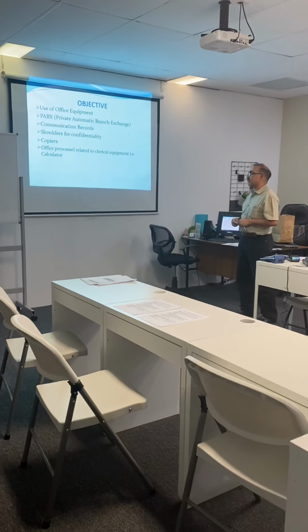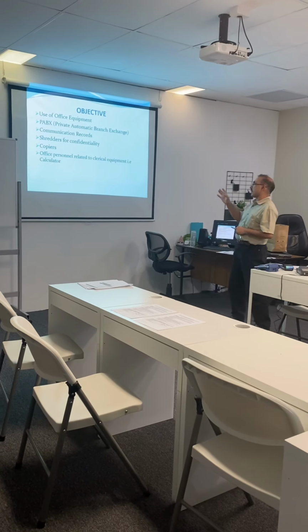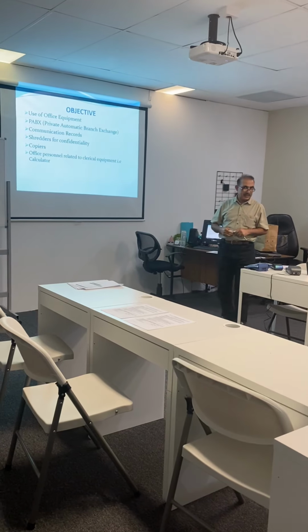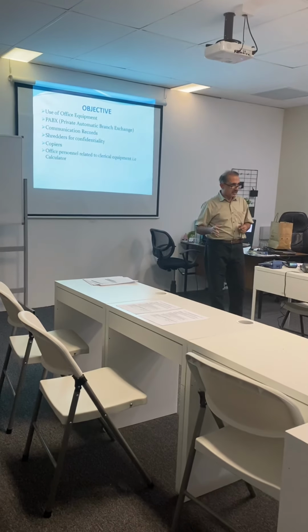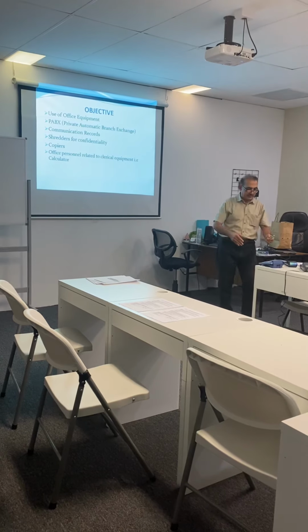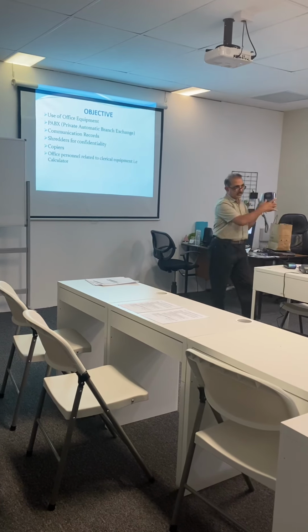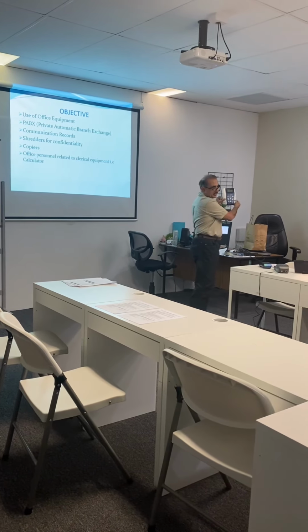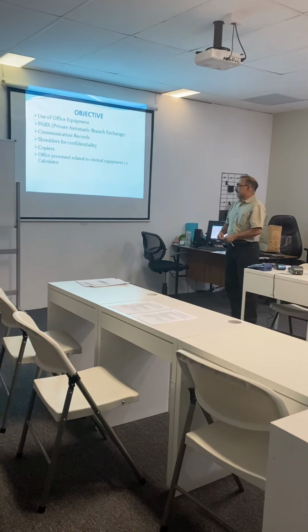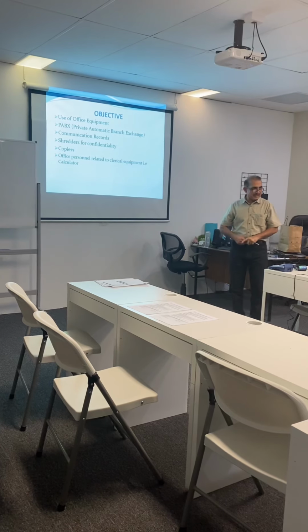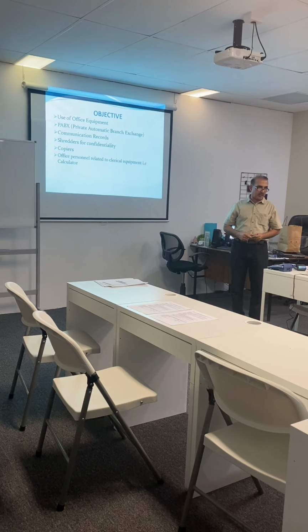PABX stands for Private Automatic Branch Exchange. It's a kind of automation of the offices, like you can see this is kind of PABX. Alright? So that PABX is basically used in the offices for communication.